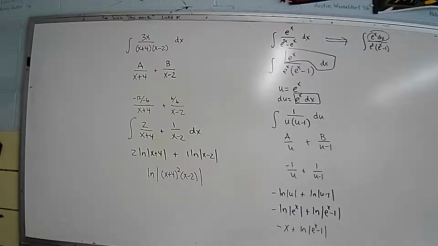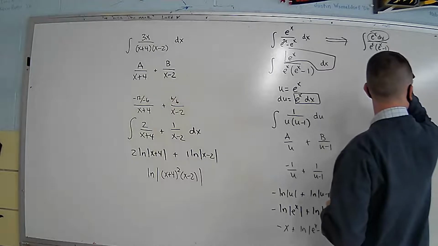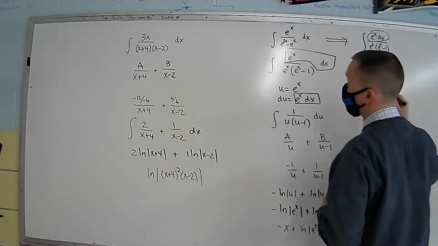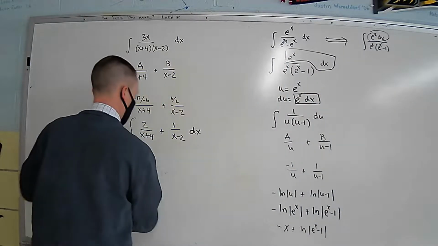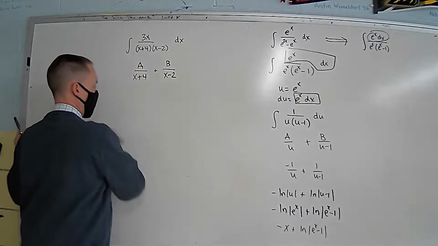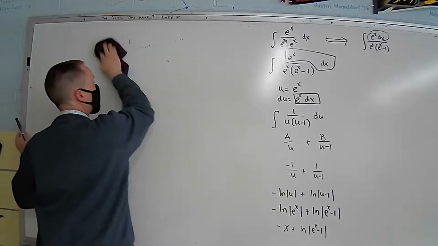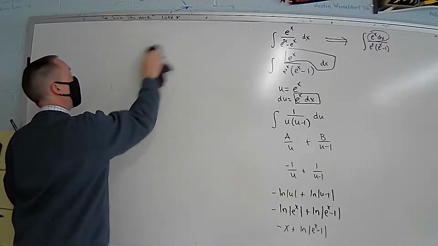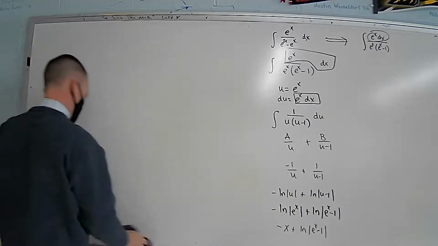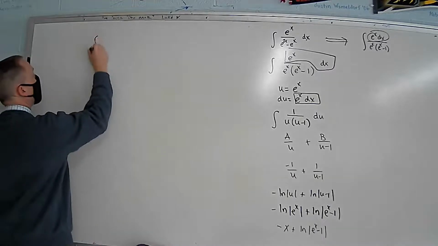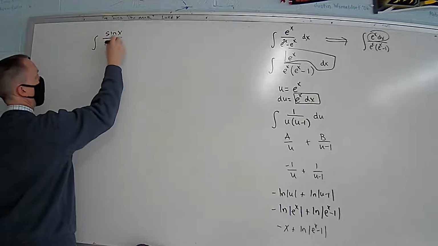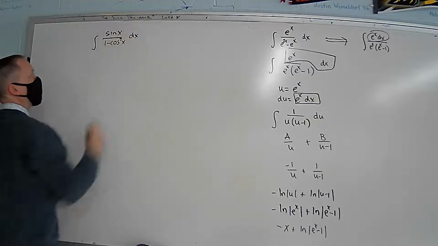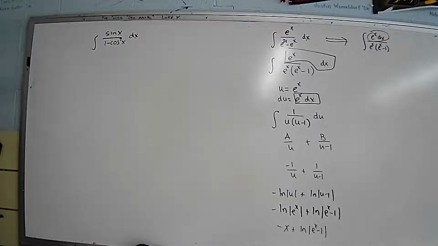Sine of x over 1 minus x squared. So this one you don't even have to factor, actually. Sine of x over 1 minus cosine squared of x, right?